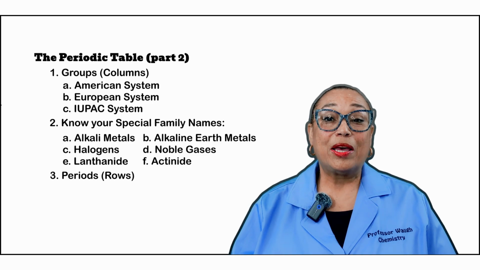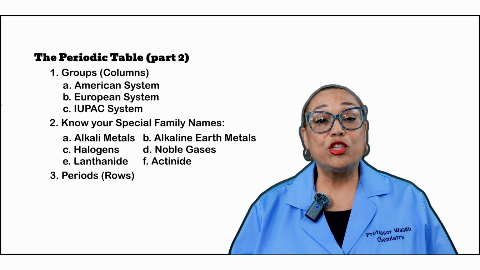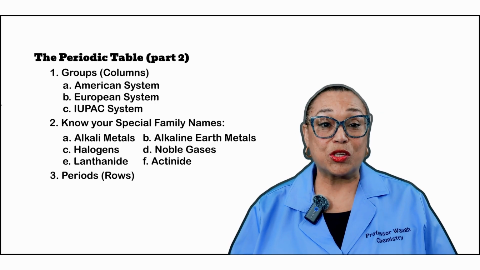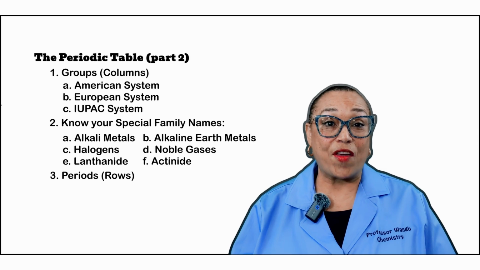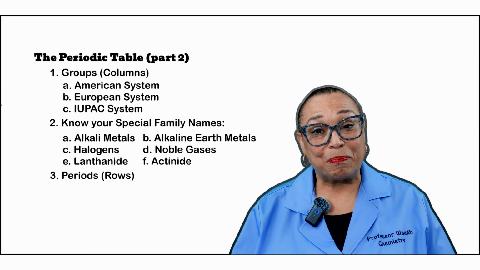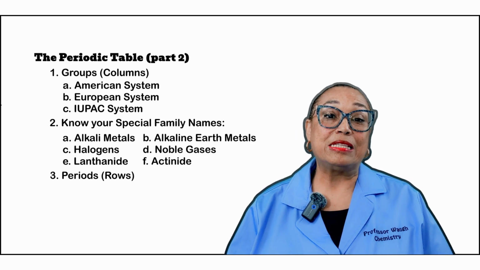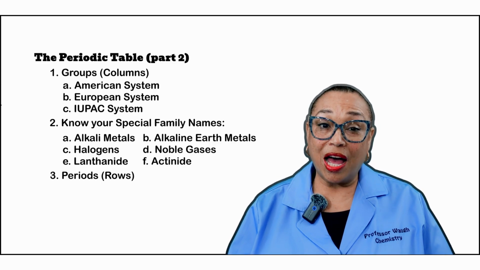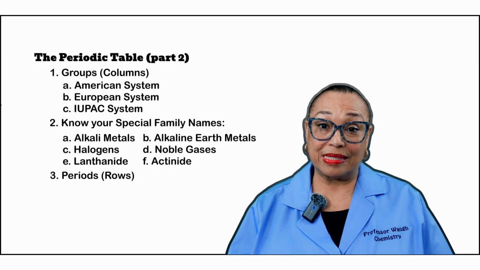To recap, those Roman numbers at the top of the periodic table show which groups or elements share similar chemical and physical properties and are called families or groups. The numbering system for these groups have changed over the years, but the one I use is the American system.